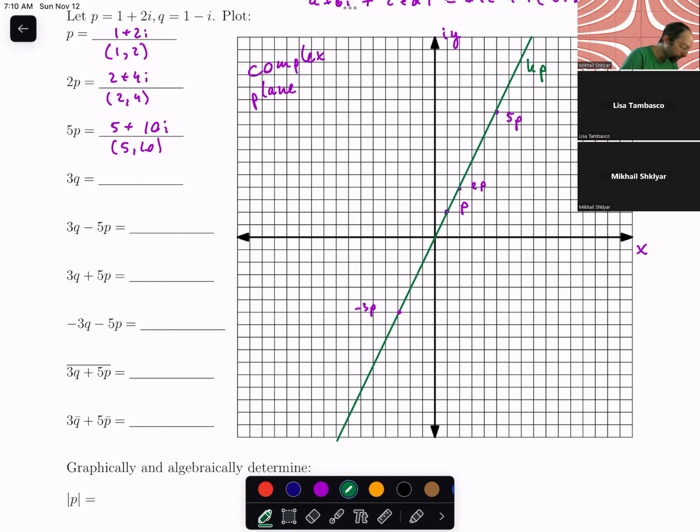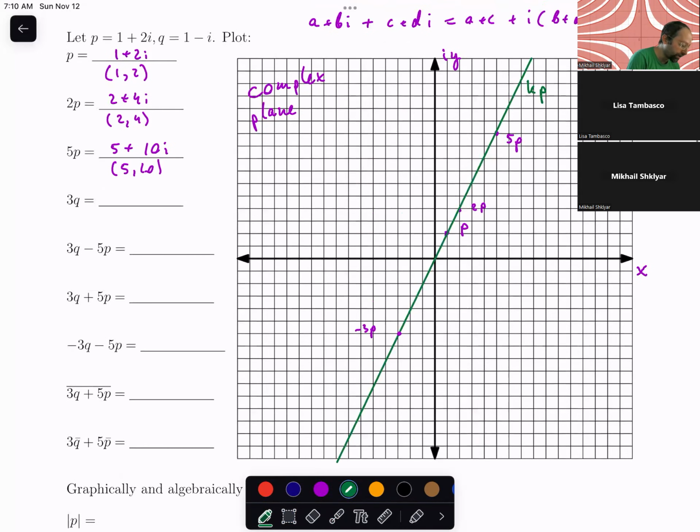So if you put all those numbers together, you're gonna get the green line. Okay. Now q. Let's practice again. Let's say 3q. It's gonna be 3 minus 3i, and this over here would be q. And this is essentially plotting. Now let's plot 3q plus 5p. 3q is 3 minus 3i, 5p is 5 plus 10i.